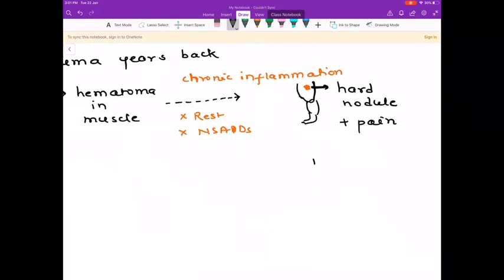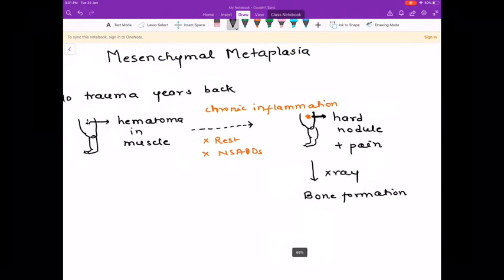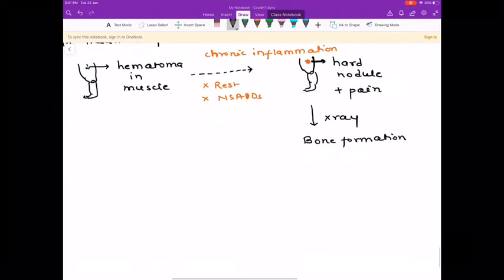So first clue, trauma. Second, years back. Third, no rest, no NSAID taken after the trauma, and now the patient has a hard nodule. If you go for the X-ray, there will be bone formation at the same site. This is the complete story of a condition known as myositis ossificans.